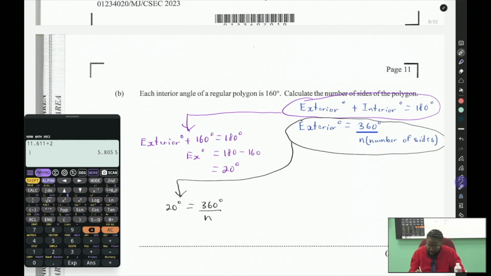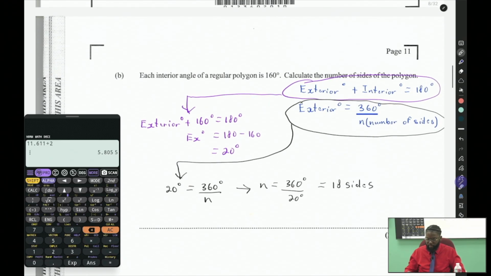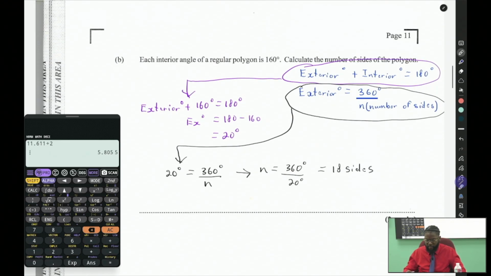So we're going to transpose, and then we're going to get n equal to 360 over 20 degrees. 2 into 36 goes 18. So that means that n would be equal to 18 sides. All right. So very simple. So let us continue.